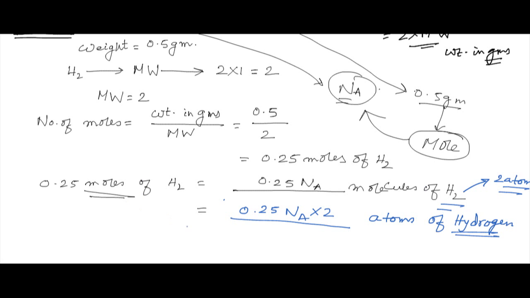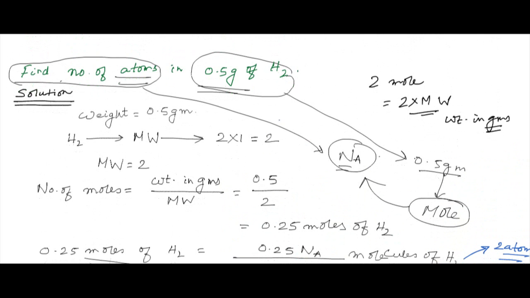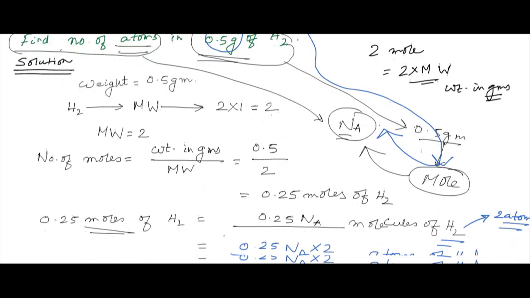So this is how to calculate the number of atoms. Here we have used both concepts. One concept is we have related the weight given with mole, and then from mole we have counted how many number of atoms will be there. So we have used two concepts, not one concept anymore.